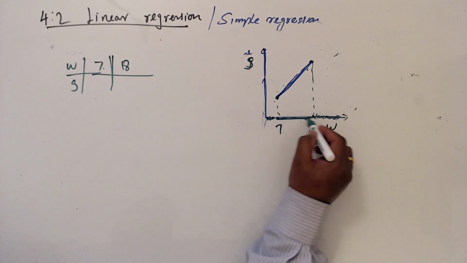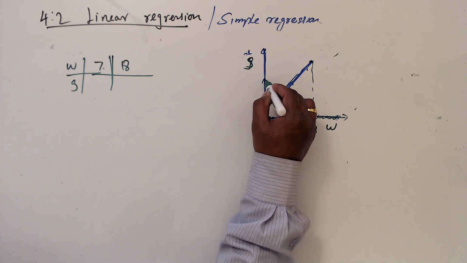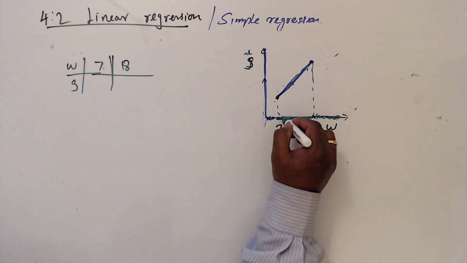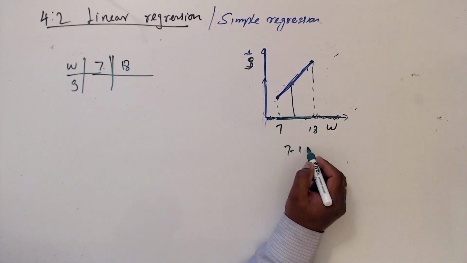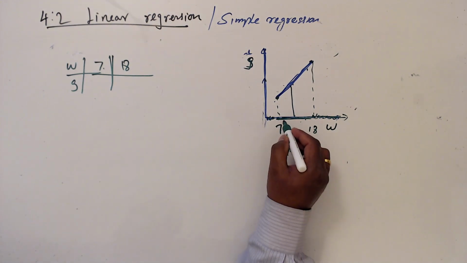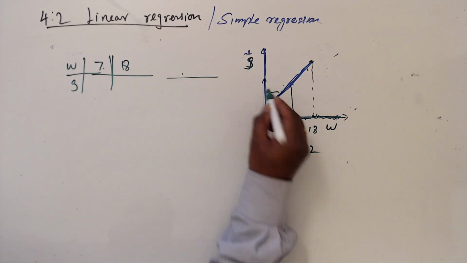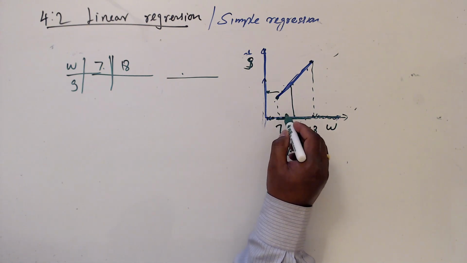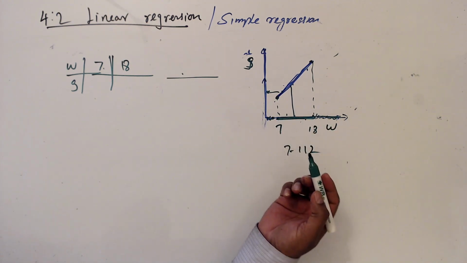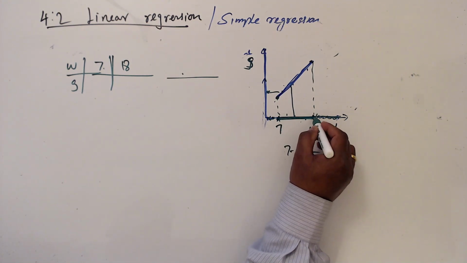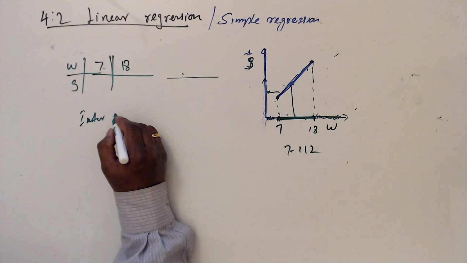If you try to predict any response variable value in between this range, so for example, I want to find 7.112, then I can use the equation and calculate that response value. So this calculation is carried out in between 7 and 18, or within the given range. So we usually call it interpolation.